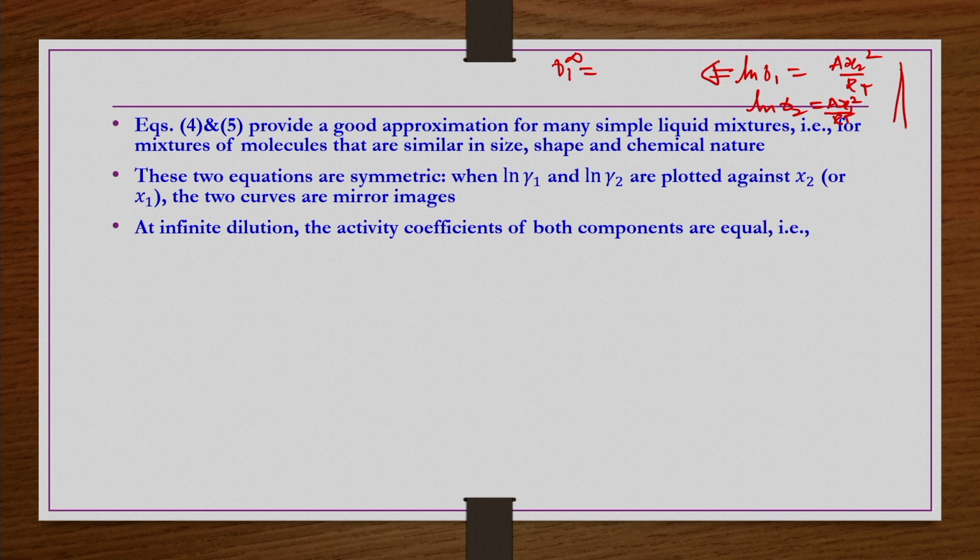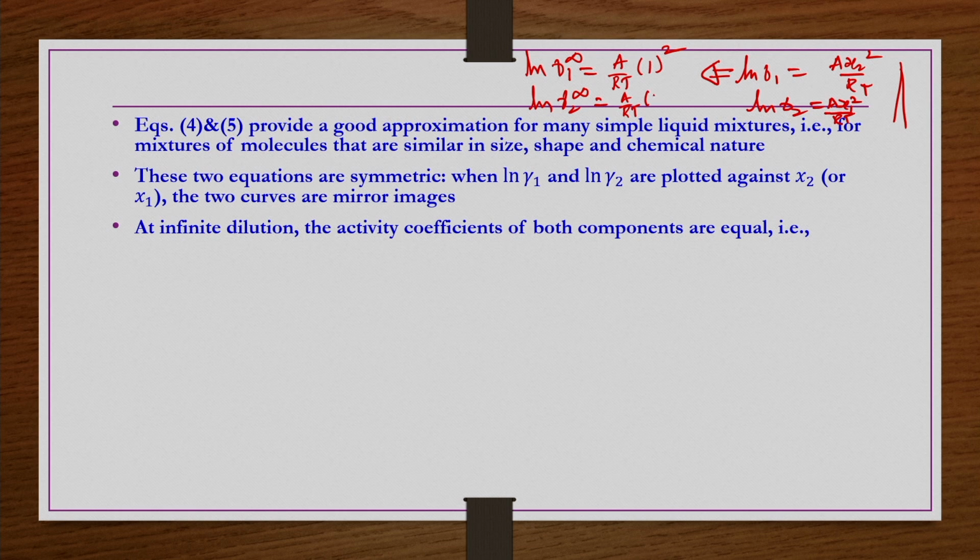So, that means we can write ln gamma 1 infinity is equal to A by RT, as x2 is almost close to 1. And similarly, in the second case, ln gamma 2 infinity, the second component is under infinite dilution, that is, it is present in very small quantities in the mixture, and component 1 is present in such a large quantity that its mole fraction is almost close to 1.